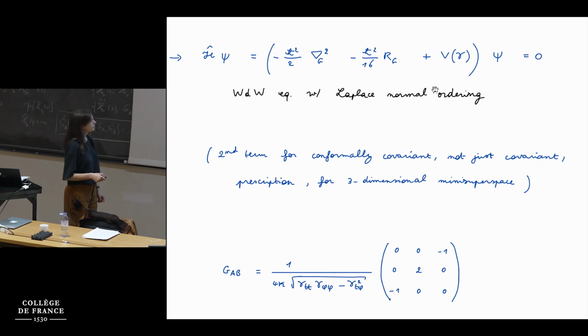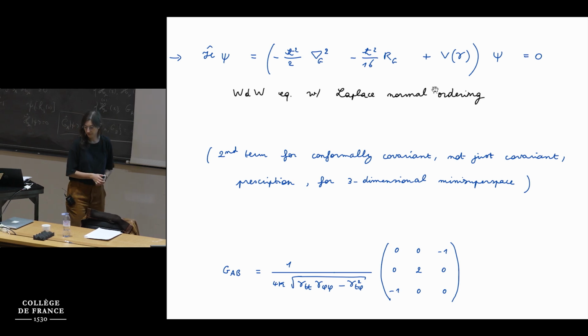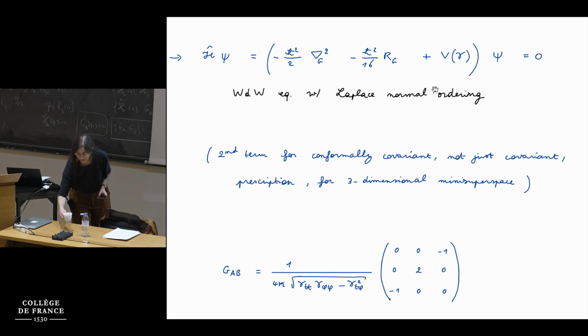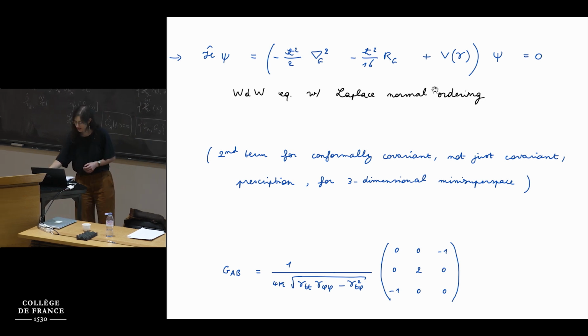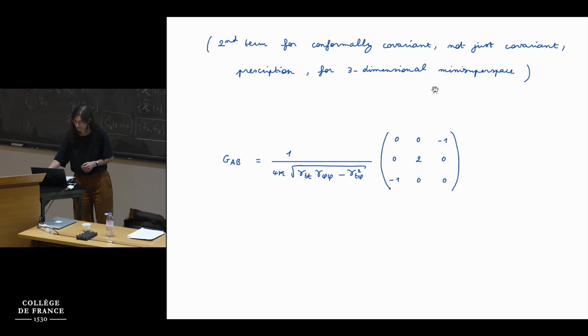Good, but really what we need is the DeWitt metric. We'll need it for our norm, and so I've written it here so we can use it next. Okay.